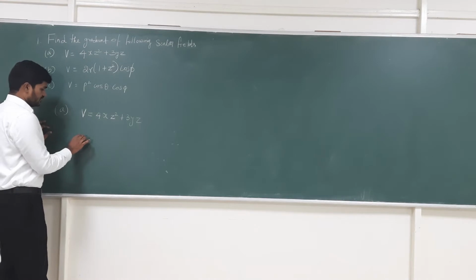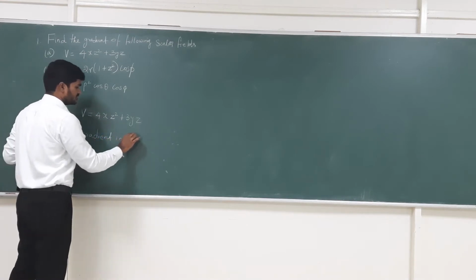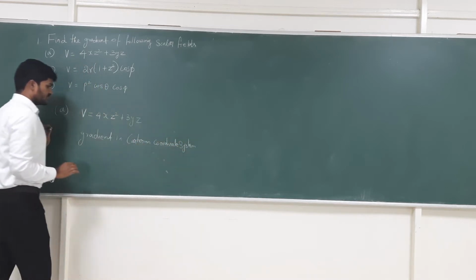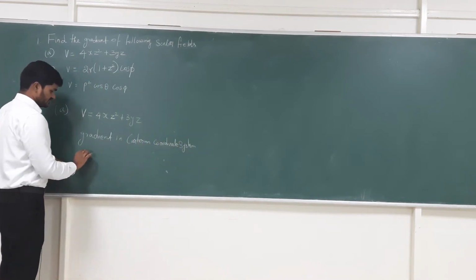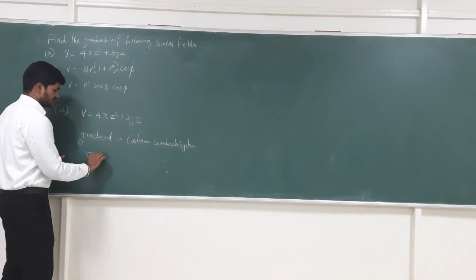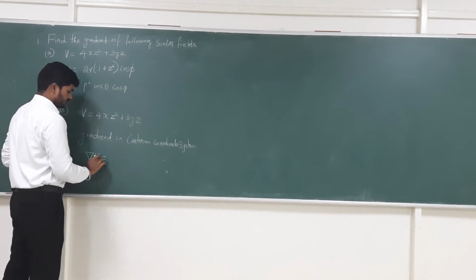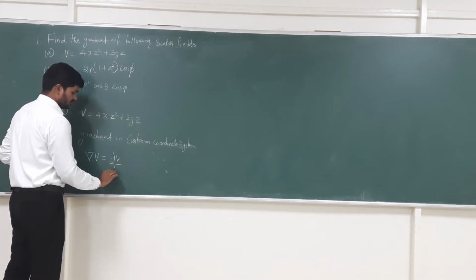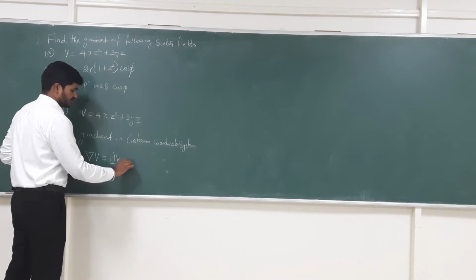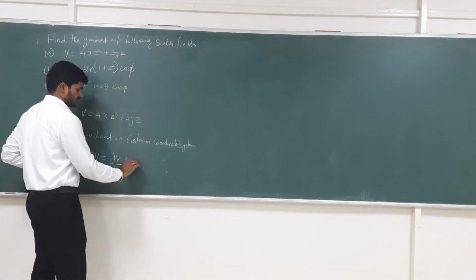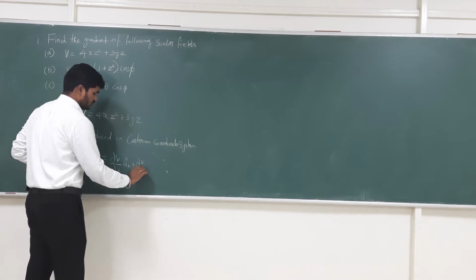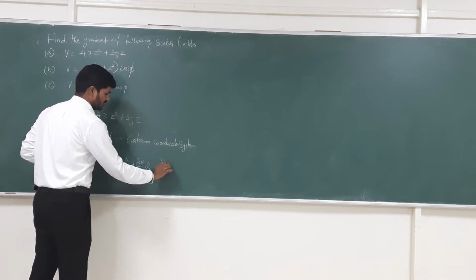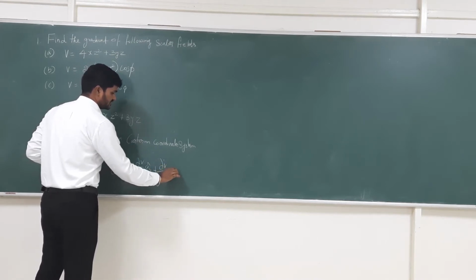The gradient in the Cartesian coordinate system is del V equals ∂V/∂x ax cap plus ∂V/∂y ay cap plus ∂V/∂z az cap.